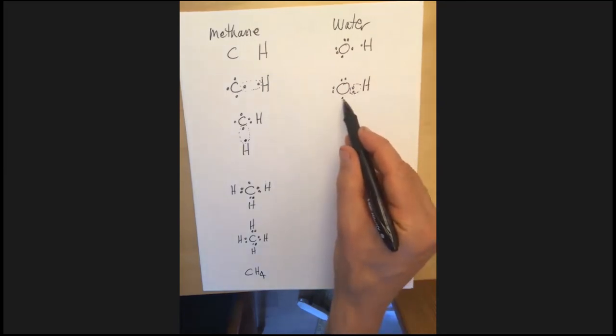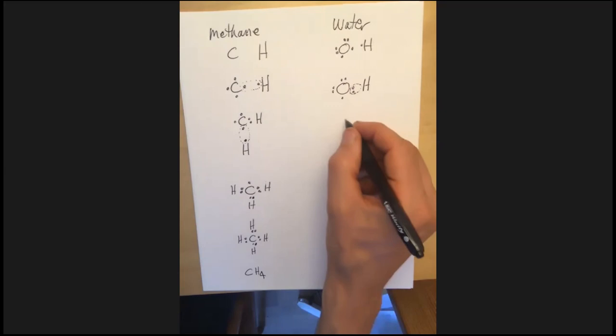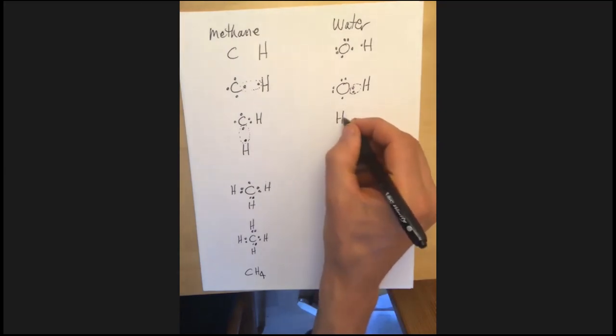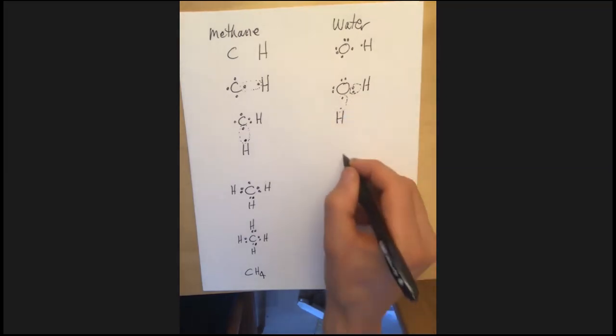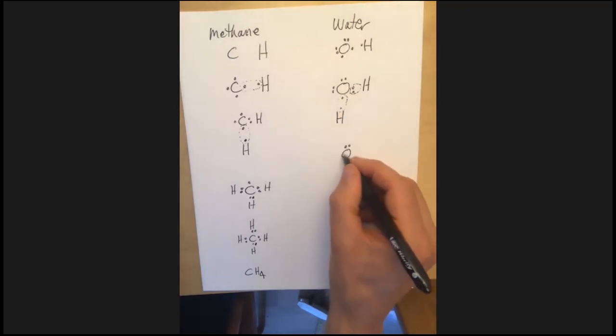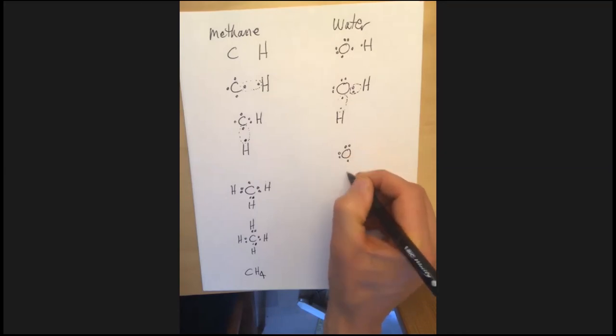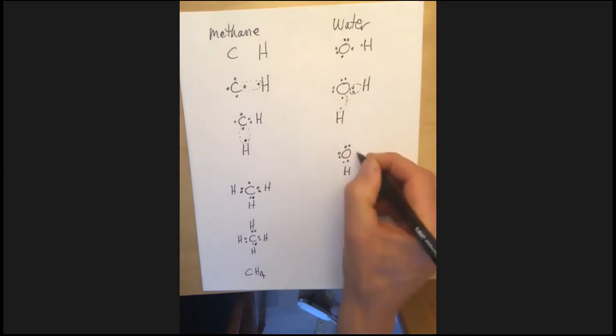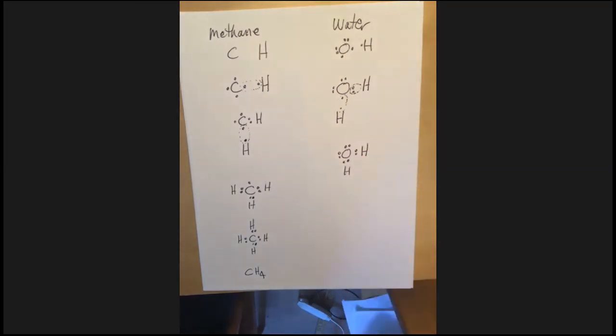This oxygen is still not satisfied with its octet, so I'm going to bring another hydrogen in. If I bring this one in and I share around there, then I end up with oxygen, 1, 2, 3, 4, hydrogen, 1, 2, hydrogen, something like that.